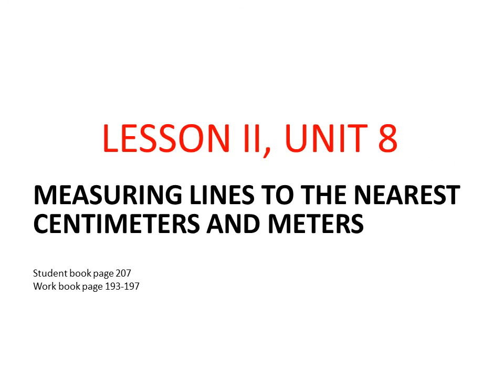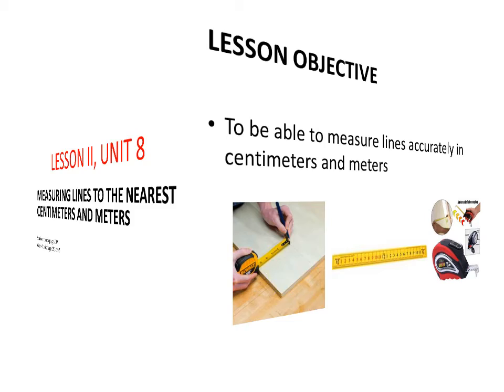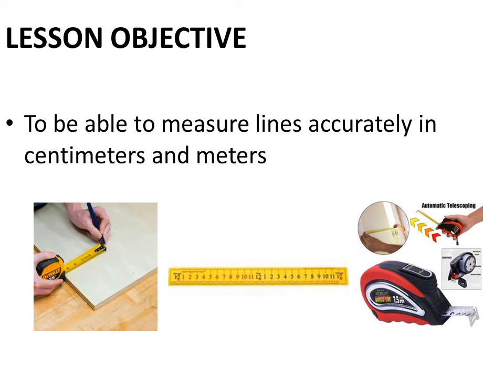Now let's look at lesson unit 8, and we'll look at how to measure lines to the nearest centimeters and meters. Of course, our student book, page 207, and the workbook is 193 to 197. Our objective: we must be able to measure lines accurately in centimeters and meters.